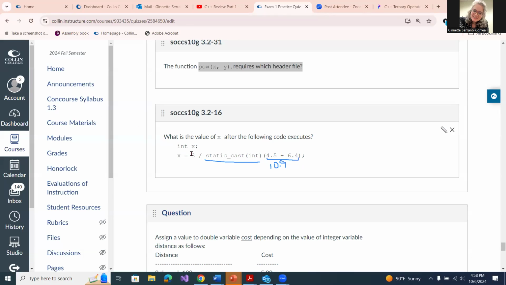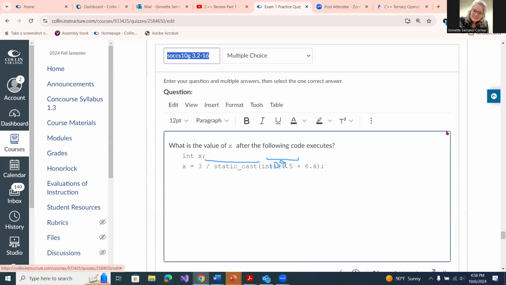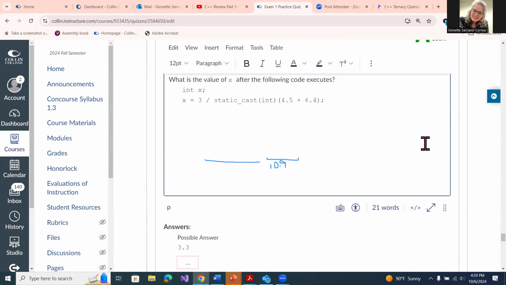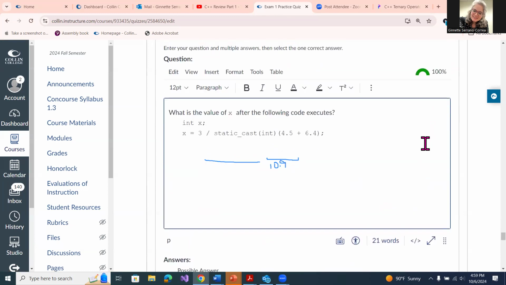And then you have an integer divided by an integer. So let's take a look. First of all, even if I didn't know, I can just look at this and say, okay, I'm going to divide an integer by an integer.